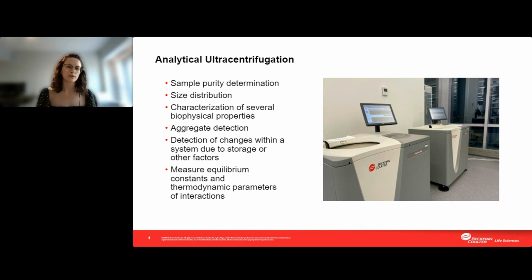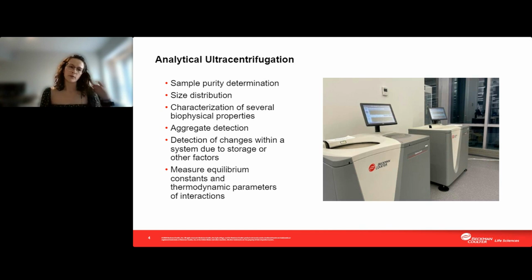You can also use it to get a size distribution of your sample and to characterize several biophysical properties. You can calculate the molecular weight of your sample and the diffusion coefficient. You can get information on the anisotropy of the sample, so the shape of your molecule, whether it's more globular or more elongated.